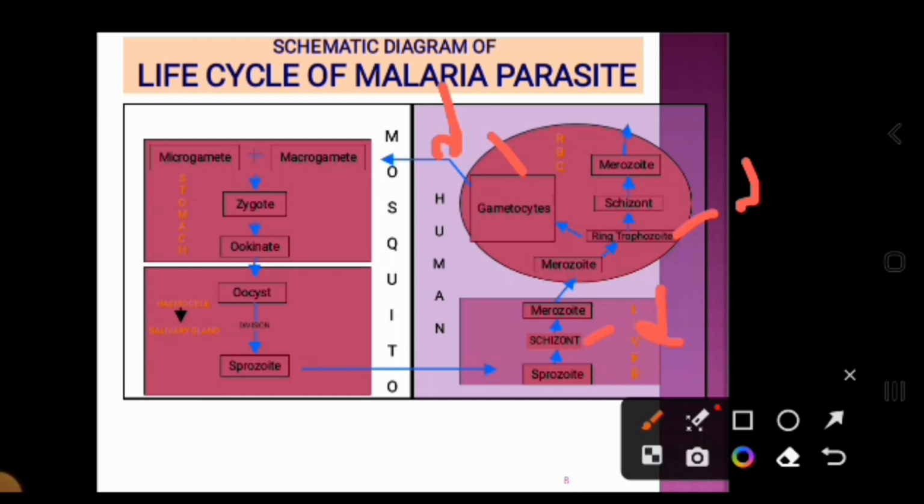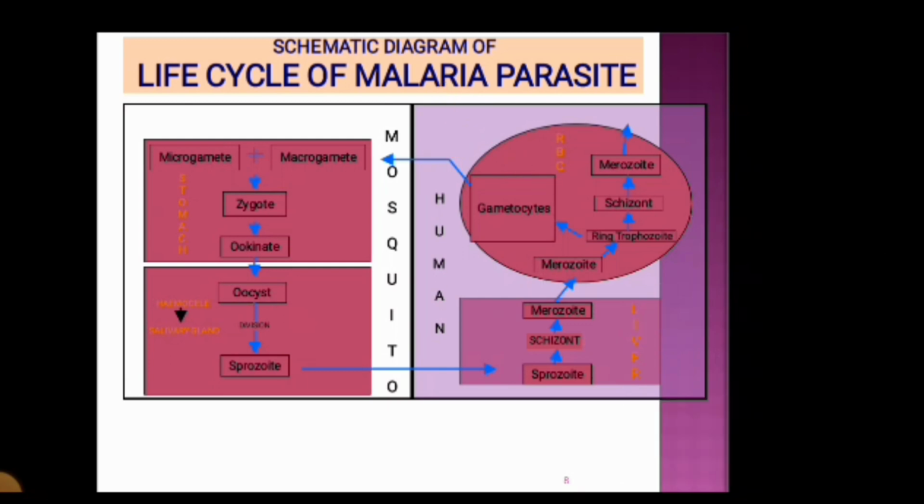Why these are diagnostic stages, we have already discussed. By visualizing these stages, one can identify the malaria parasites in the human blood, and thus can diagnose malaria. Okay, these are all about the life cycle of the malaria parasite.